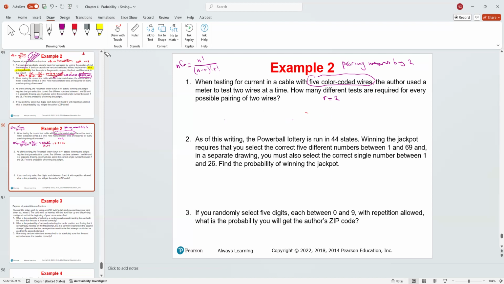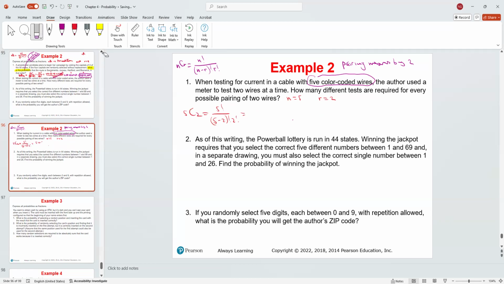So we have N equal 5 and R equal 2. If we do 5C2, it is 5 factorial over (5 minus 2) factorial times 2 factorial.